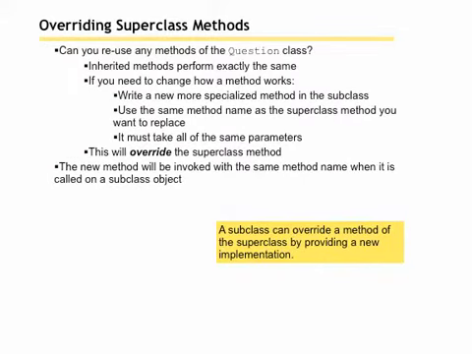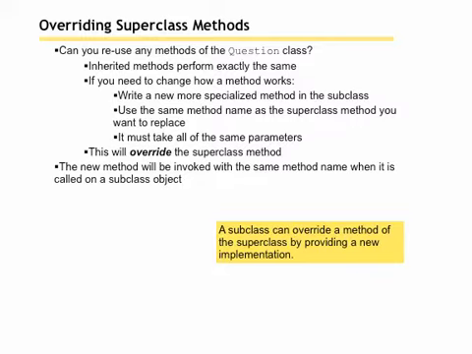So, overriding superclass methods. Can we reuse any of the methods in this question class example? If we can reuse them, but provide a little modification, we can do partial overriding. But inherited methods perform exactly the same. And if we need to change how a method works, we write a new, more specialized method in the subclass.